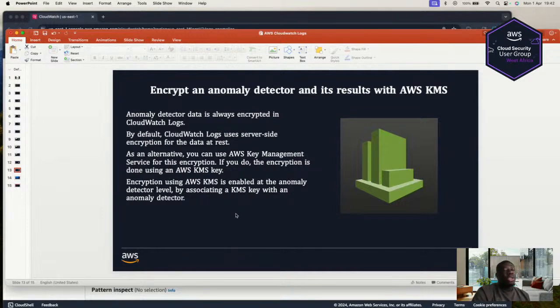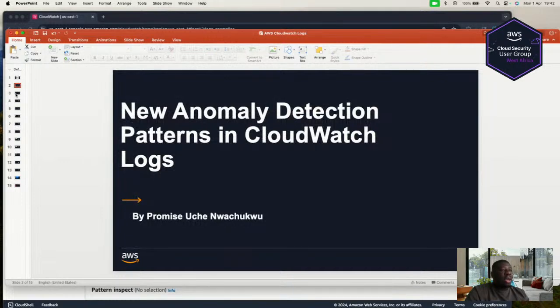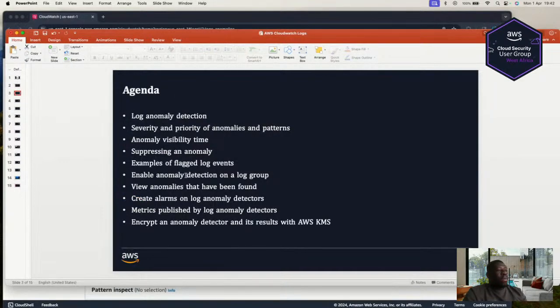There are ways which you can configure that, and then have the AWS KMS enabled as the encryption mechanism behind the anomaly detector data.